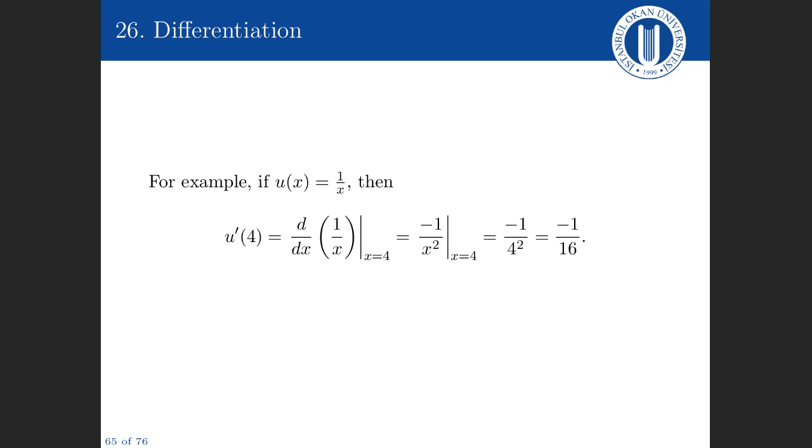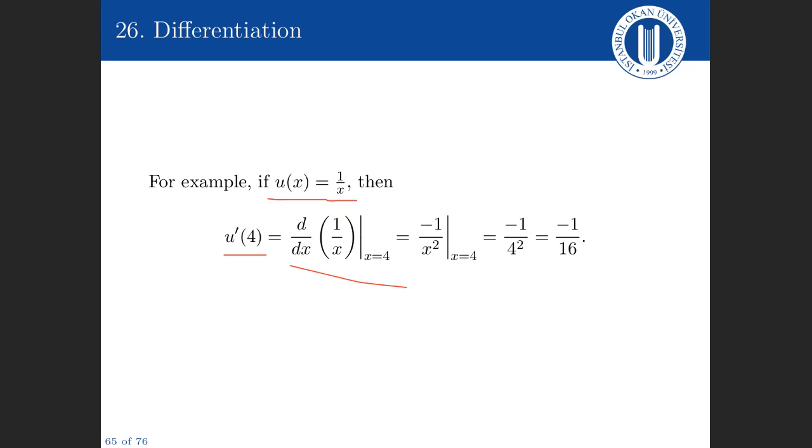For example, let's suppose we have the function u of x is equal to 1 over x. And let's suppose I want to calculate the value of this derivative when x is equal to 4. In other words, I want to calculate u prime at 4.